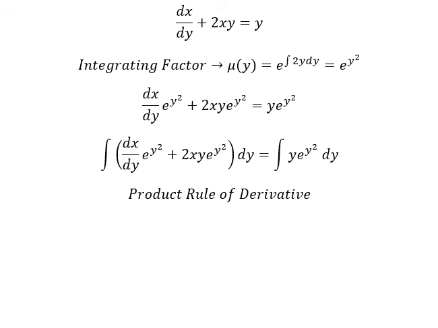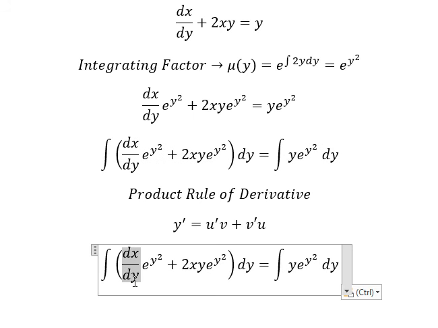So we know that first derivative of y equals to first derivative of u multiplied by v plus first derivative of v multiplied by u. So if we look carefully, this is about first derivative of u multiplied by v, and this is about 2y e to the power of y squared.